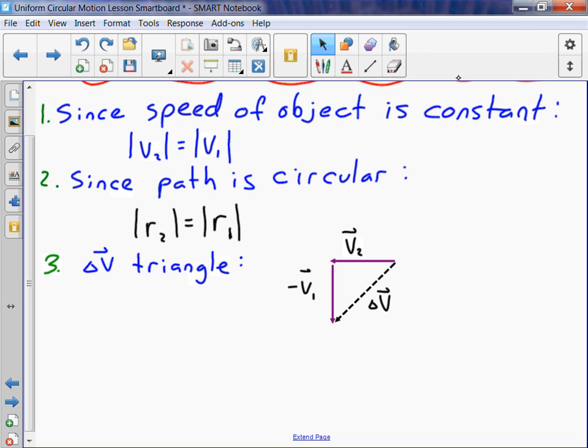Okay, there's the triangle that represents the change in displacement and velocity between those two vectors that I drew.